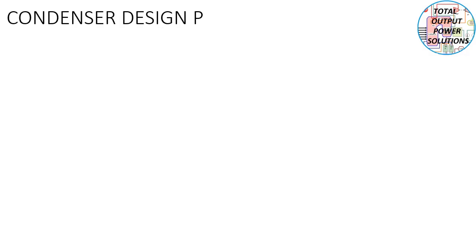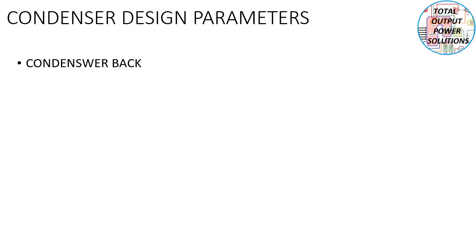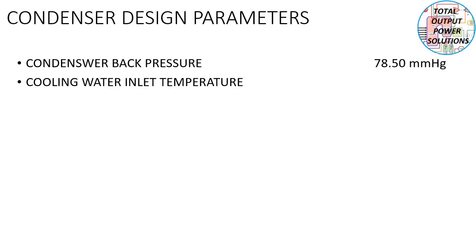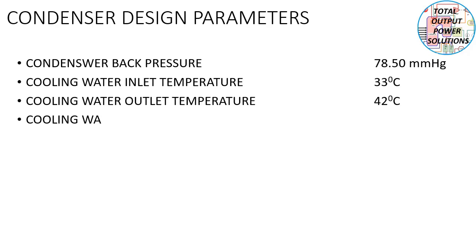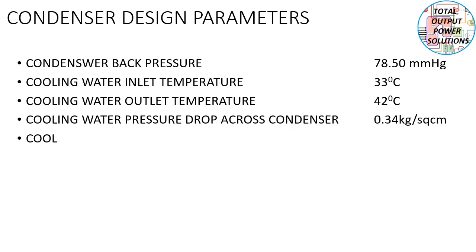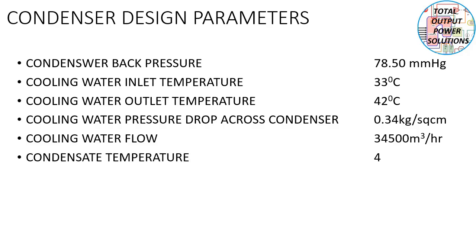We first discuss the condenser design parameters. In the sample case I have taken, the condenser back pressure is 78.50 mm of Hg absolute. Cooling water inlet temperature is 33 degrees centigrade. The condenser has been designed for 42 degrees centigrade as the cooling water outlet temperature.